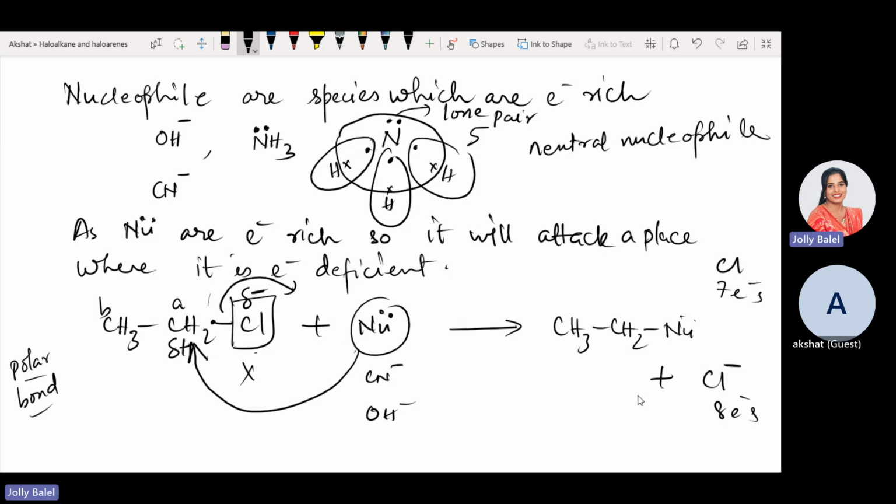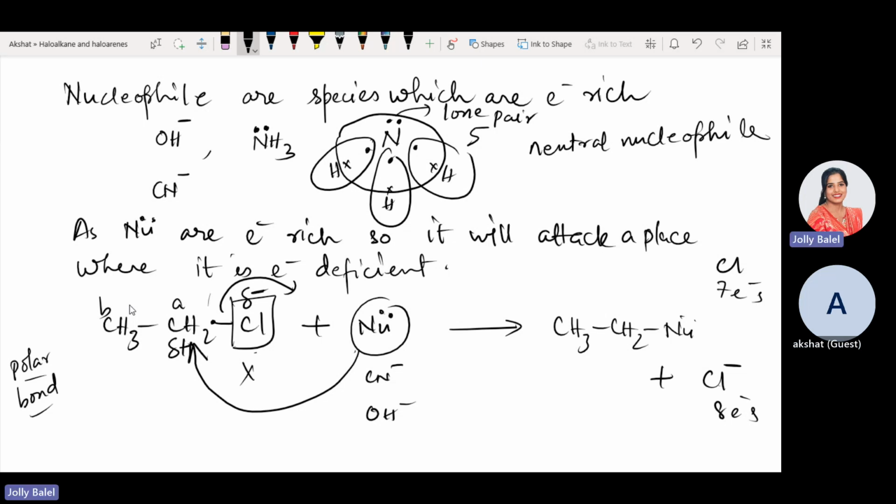If it gets a chance to complete its octet, it will easily leave. That's why Cl leaves the compound easily as a leaving group, and the nucleophile gets attached to the electrophilic carbon. So this is the whole process of nucleophilic substitution reaction.